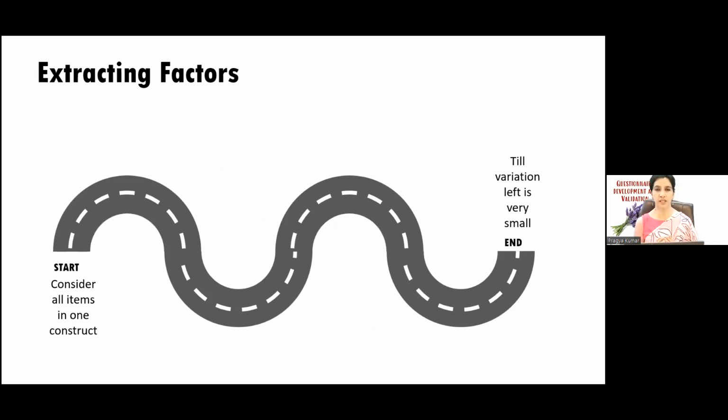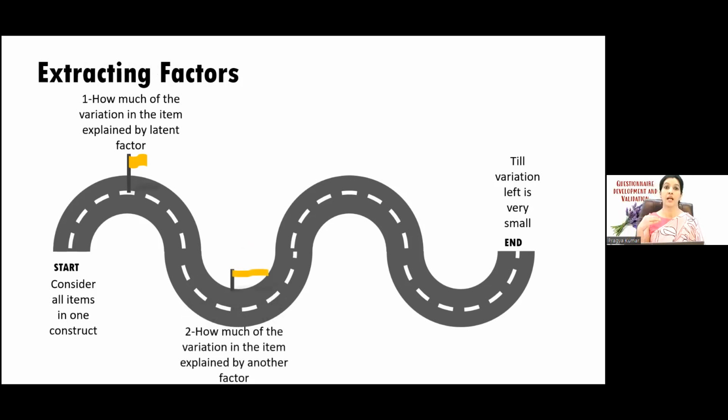We discussed yesterday that in the reflective model, a particular construct is there and you have an item, and the variance in a particular item is due to the underlying construct. So you start by considering all items under one construct, and then you see how much of the variation in the item is explained by that latent factor.